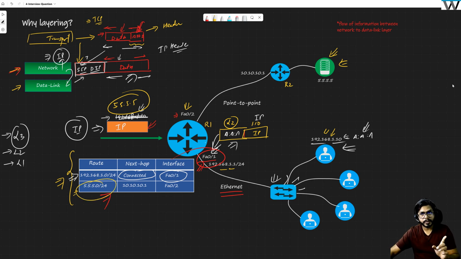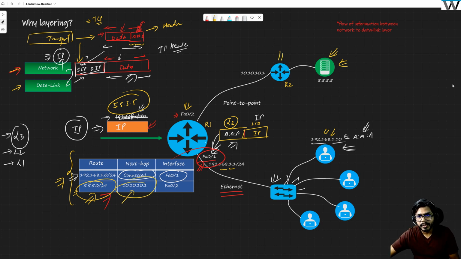Subnetting is a part of my first video, right? So the 5.5.5.5 IP address is part of the 5.5.5.0/24 network, and it sees that if you want to reach this network, 5.5.5.0/24, you can reach it via this device. Which is this device?